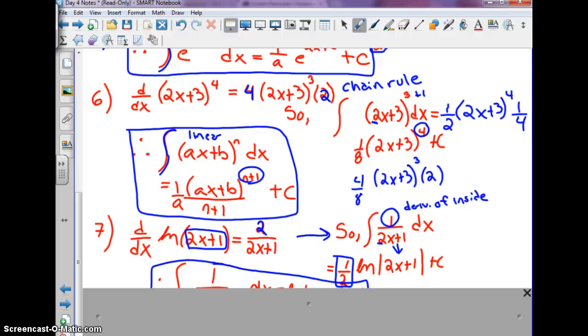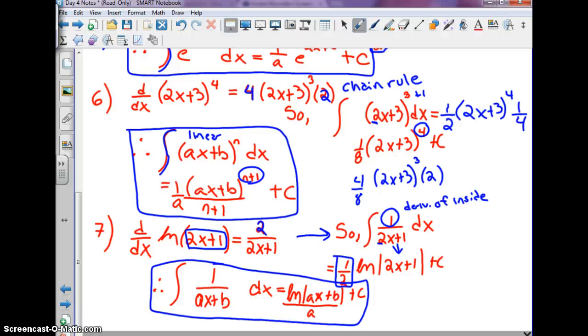So in general terms, if you have the integral of 1 divided by ax plus b dx, you're going to wind up with the natural log of ax plus b divided by a, so I want to divide by that derivative of the inside function, and then add your c on the end.